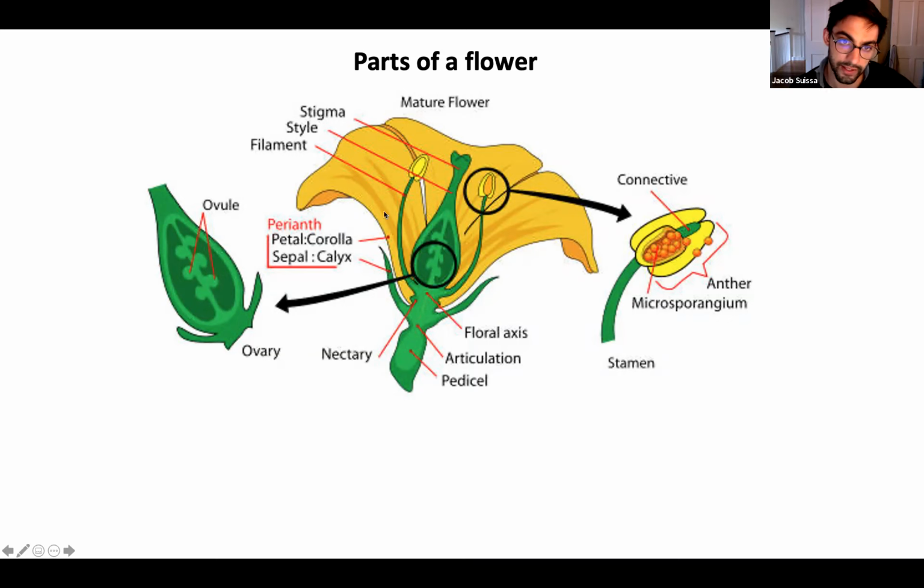And then moving outward once more, the green leafy structures that subtend the flower are called the sepals. Again, individually they're sepals, but together we talk about them as the calyx. So that's the basic form of a flower.